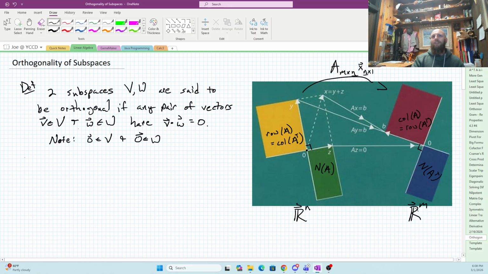All right, so that's one thing. Another little note here, I'm going to call this a definition too, although it's just an extension of the previous definition.